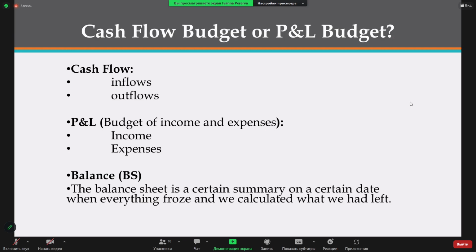We will have a lot of different movements which should be generalized to see this information. That's why it's better to have all of these reports. But you can work without a balance sheet.